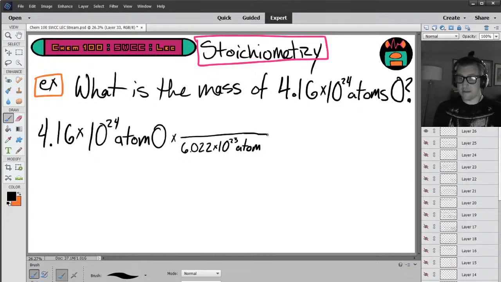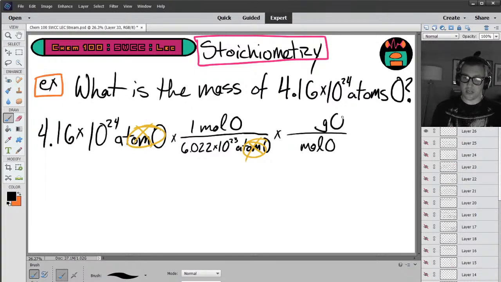And the periodic table allows us to go from moles to grams. So we put atoms of oxygen in the denominator, moles of oxygen in the numerator, and atoms of oxygen cancel atoms of oxygen.